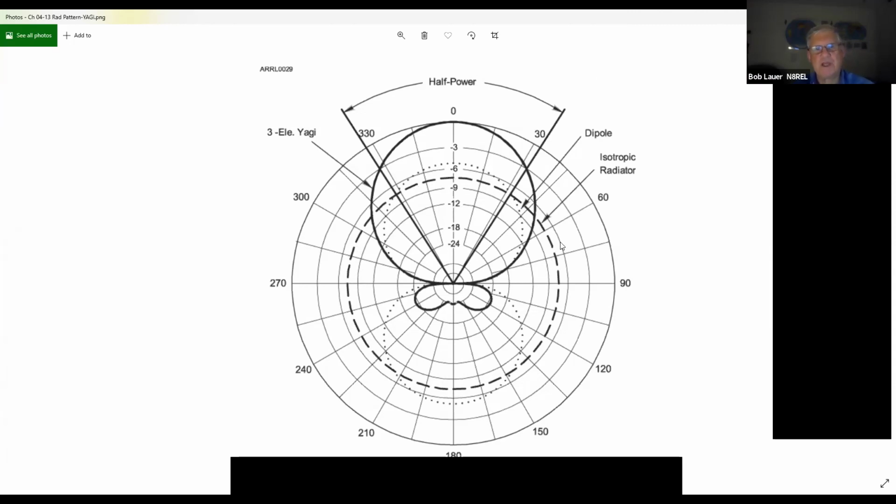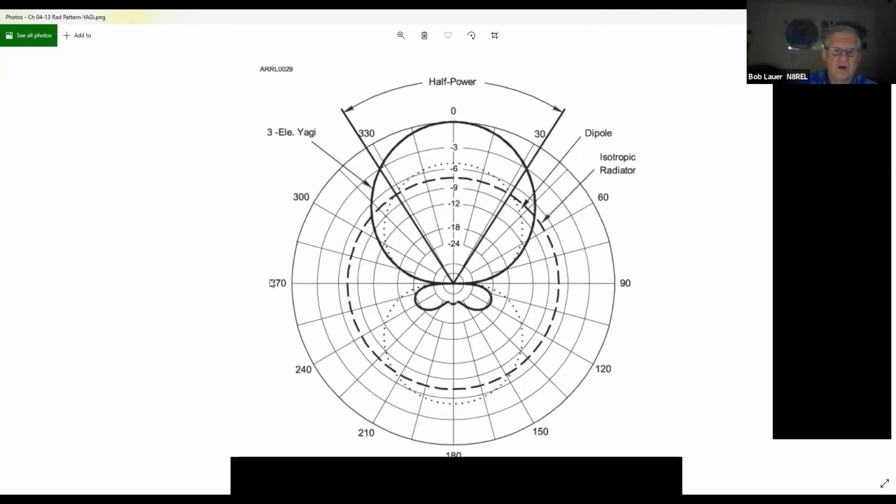If you go with a beam antenna, a directional antenna, most of your power is going this way. On your omnidirectional vertical antenna, remember your power decreases as you get further and further from your transmission site.